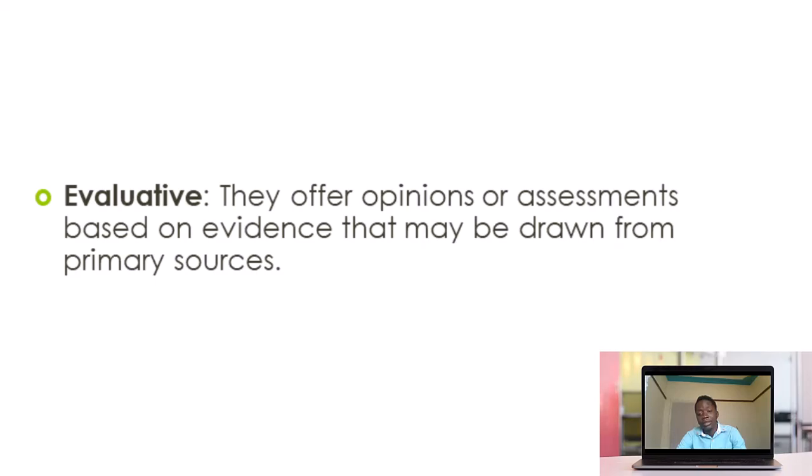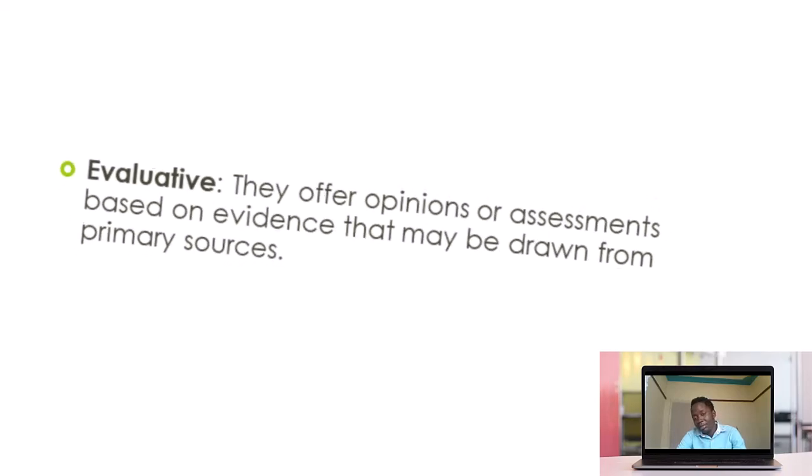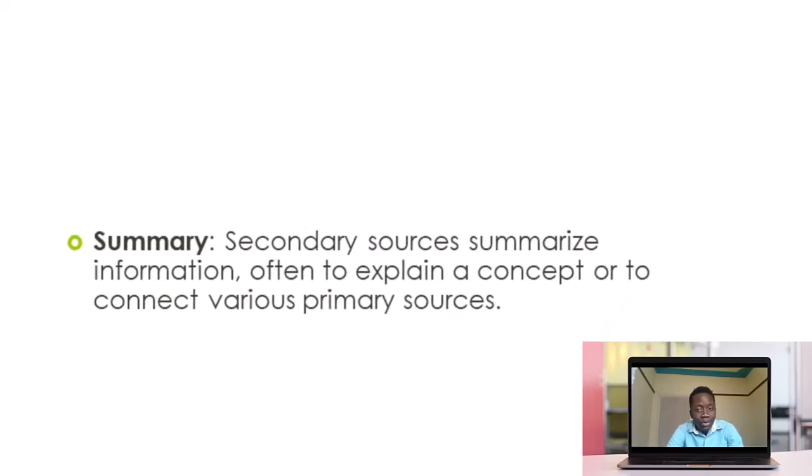So you see how information literacy flows. You start from the primary source, now you're moving to the secondary source, so that you get more information on what you've really missed and what you really want to know. That's how it is very, very important.